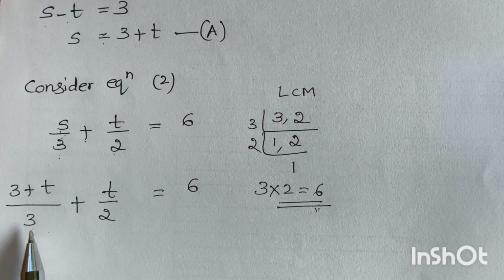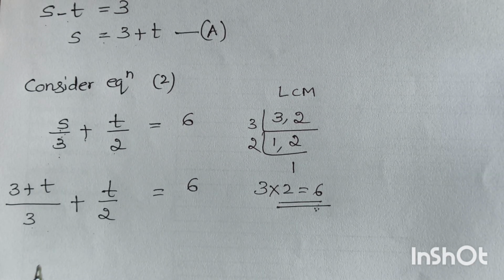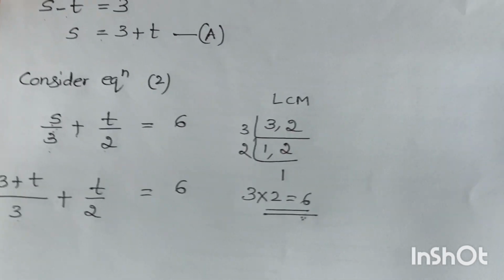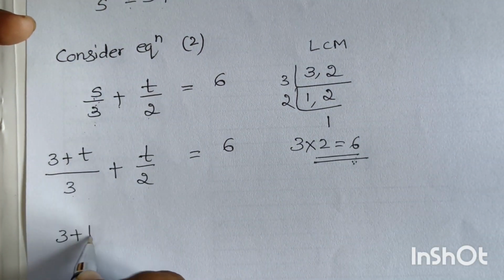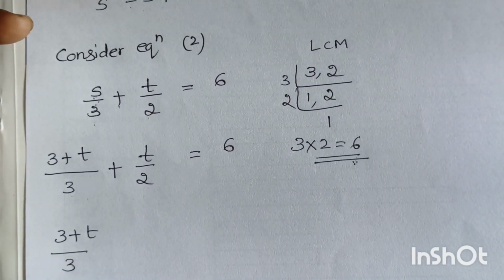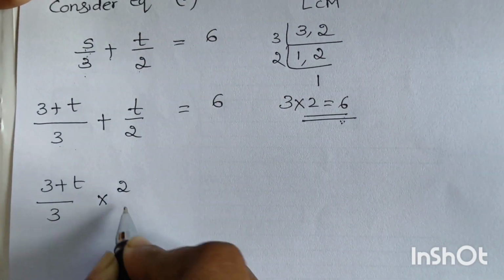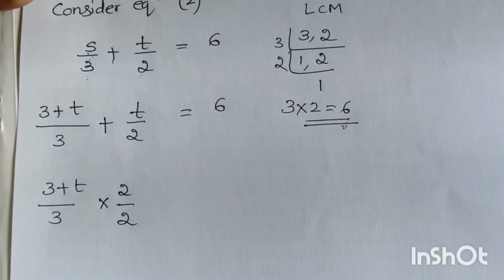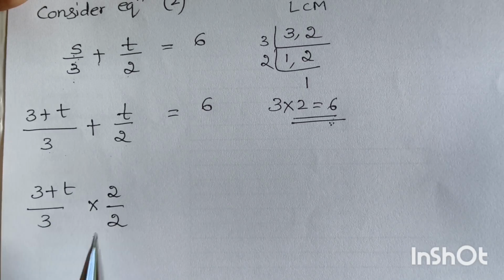Now we have to equalize these denominators. We have to make this 3 as 6. To do this, we have to multiply by 2 both the denominator and the numerator. See here, 3 plus t by 3: we multiply 2 to both the numerator and denominator to equalize this denominator.